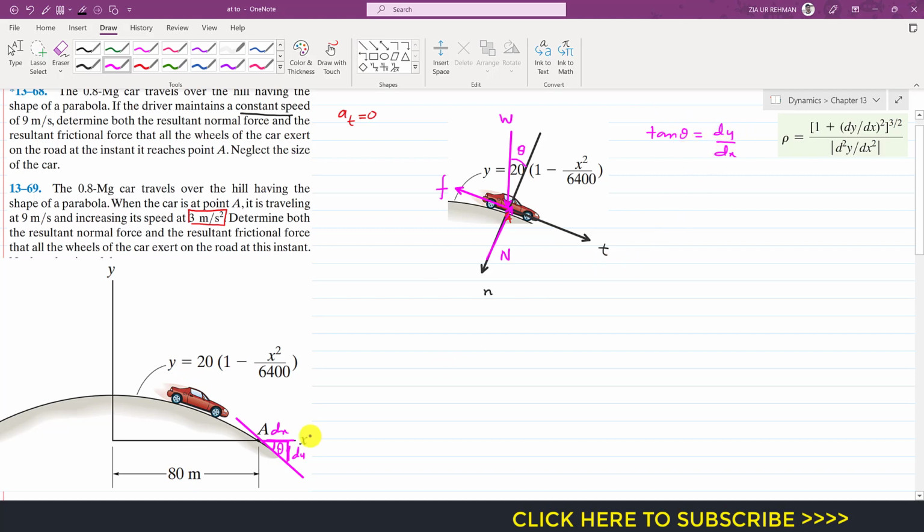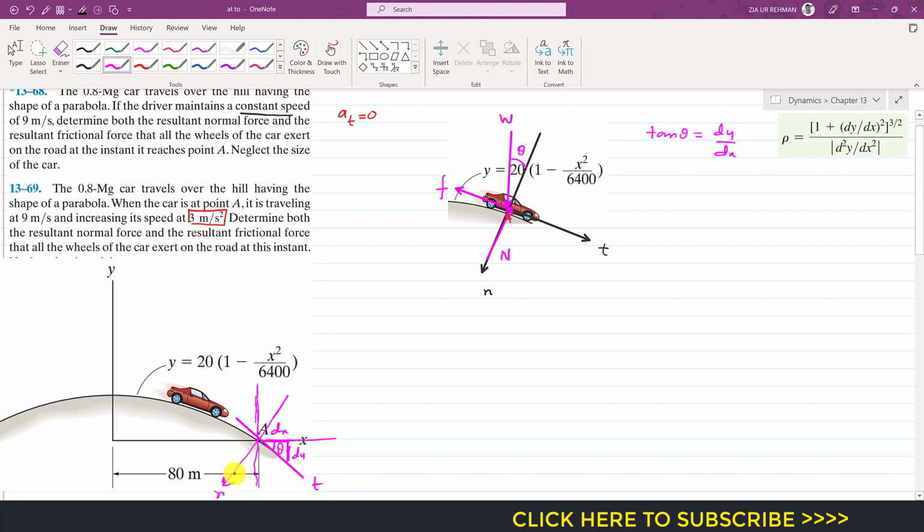So once we find this angle, if I draw that normal axis here at point A, this is that normal axis. And if I draw a vertical line along which the weight is acting, so this angle is between this horizontal and this tangential axis.